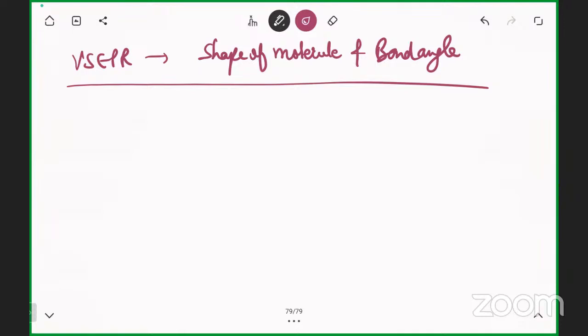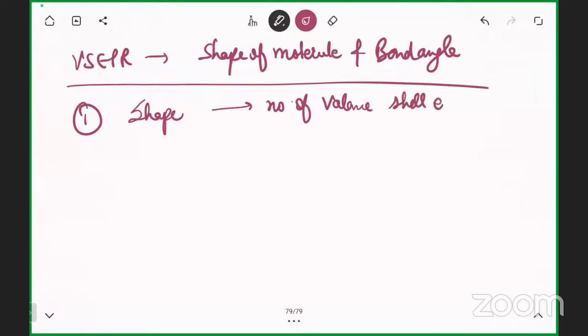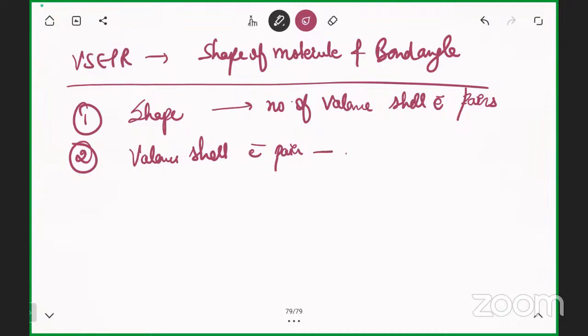The first postulate is that the shape of the molecule will totally depend upon the number of valence shell electron pairs. The shape can be determined by the number of valence shell electron pairs. The second thing VSEPR tells is that valence shell electron pairs repel one another.